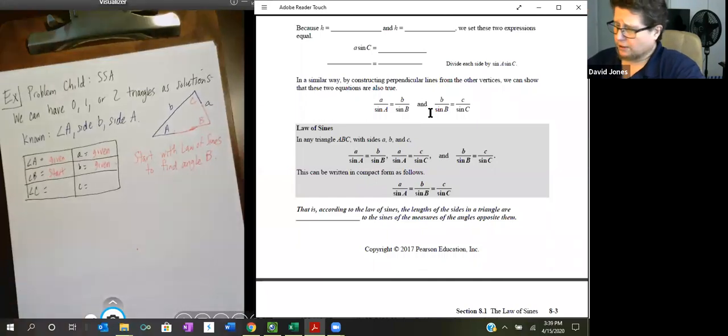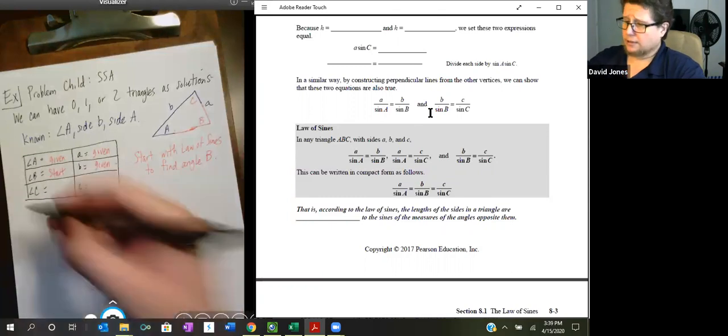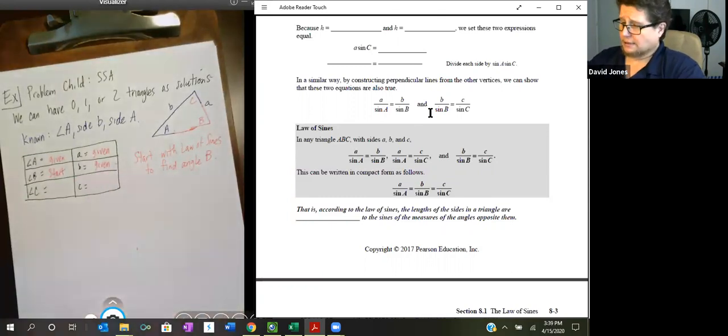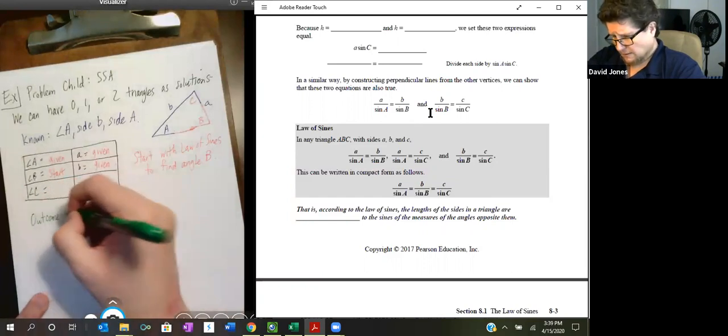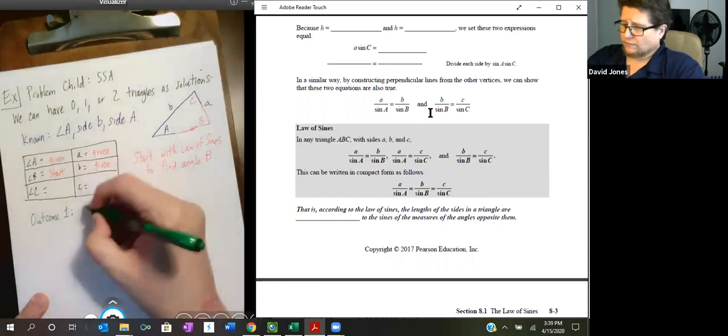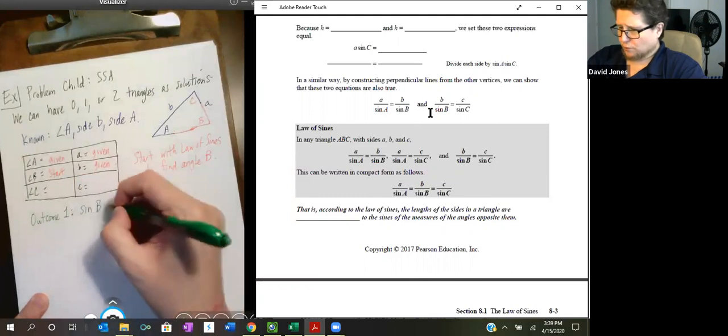Now this ends up resulting in 3 options. So option 1, outcome 1: the sine of B is greater than 1.